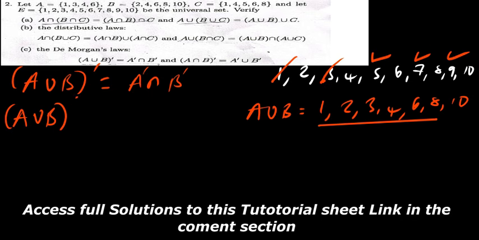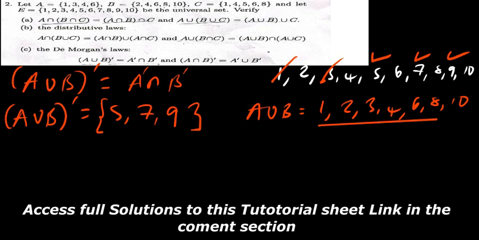If we remove this, we are going to remain with 5, 7, and 9. That's all. So A union B in brackets complement is 5, 7 and 9.